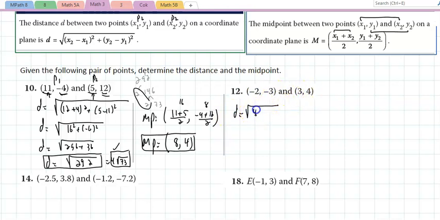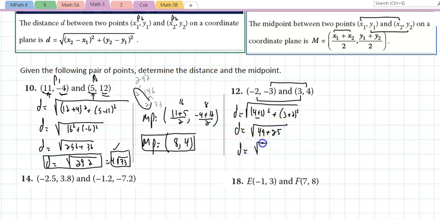Another example, if I want to find the distance between those, that's the square root of (y2 minus y1), so that's 4 minus a negative 3, plus 3, squared, plus (x2 minus a negative 2, a plus 2) squared. I should put the radical after. And distance would be the square root of 7 squared, that's 49, plus 5 squared, 25.